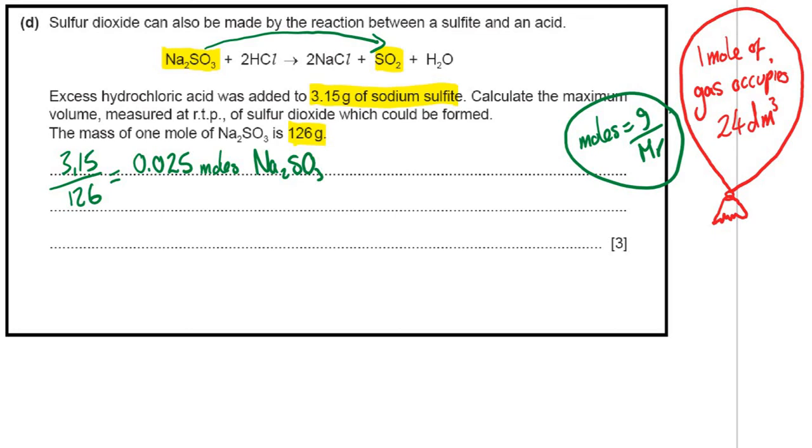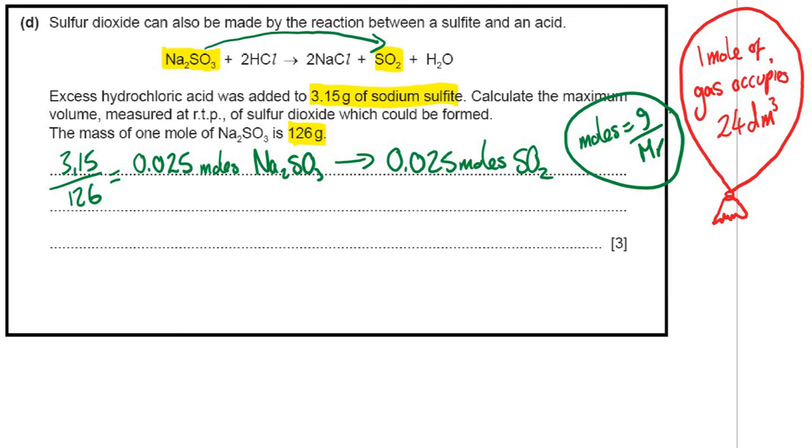So therefore, how many moles of sulfur dioxide have we got? Well, we've got the same. So that's my second mark, looking at the balanced symbol equation. They've told us the hydrochloric acid is in excess. We don't need to worry about that.